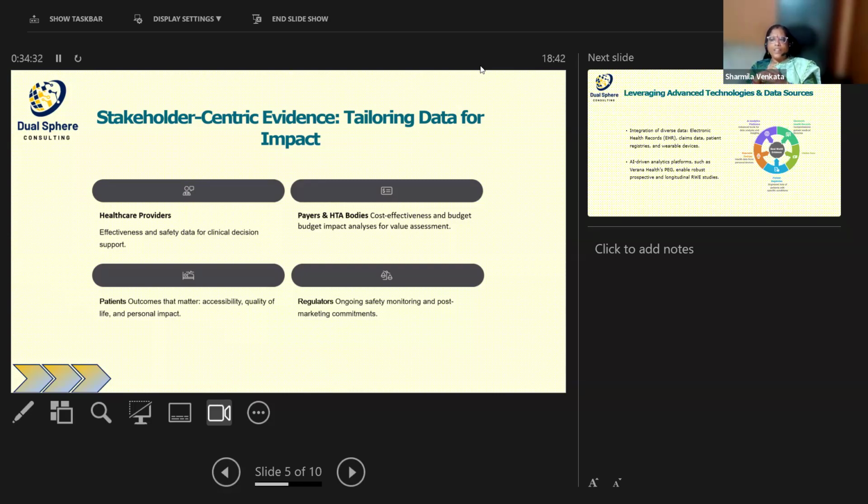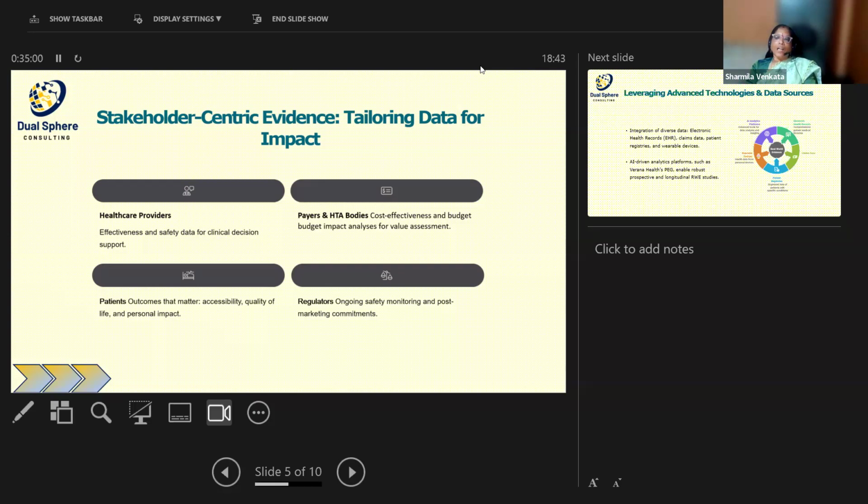So they may require updated labeling, risk management plans, or even withdrawal if new safety concerns arise. For example, for a cancer drug, regulators might track rare adverse events such as immune-related complications that only become apparent after years of use in thousands of patients.